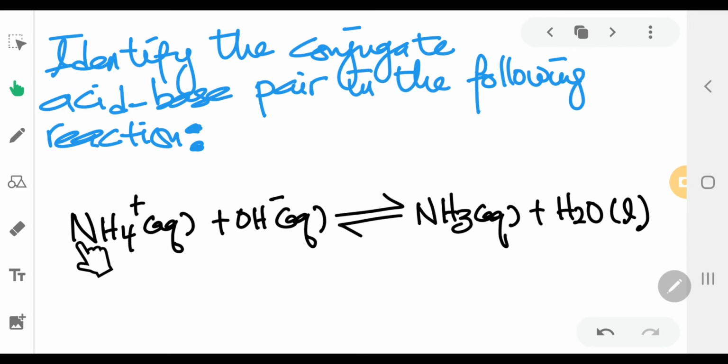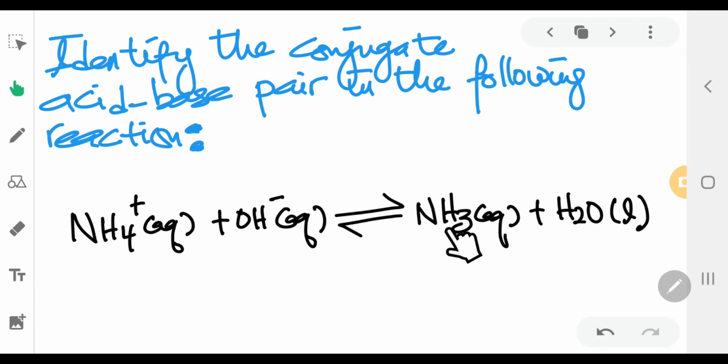So let's have a look first. Right here, we have NH4 plus aqueous, and we have OH minus aqueous. If you look on the other side, NH3, this species looks similar to NH4 plus. And then H2O looks very similar to OH minus.